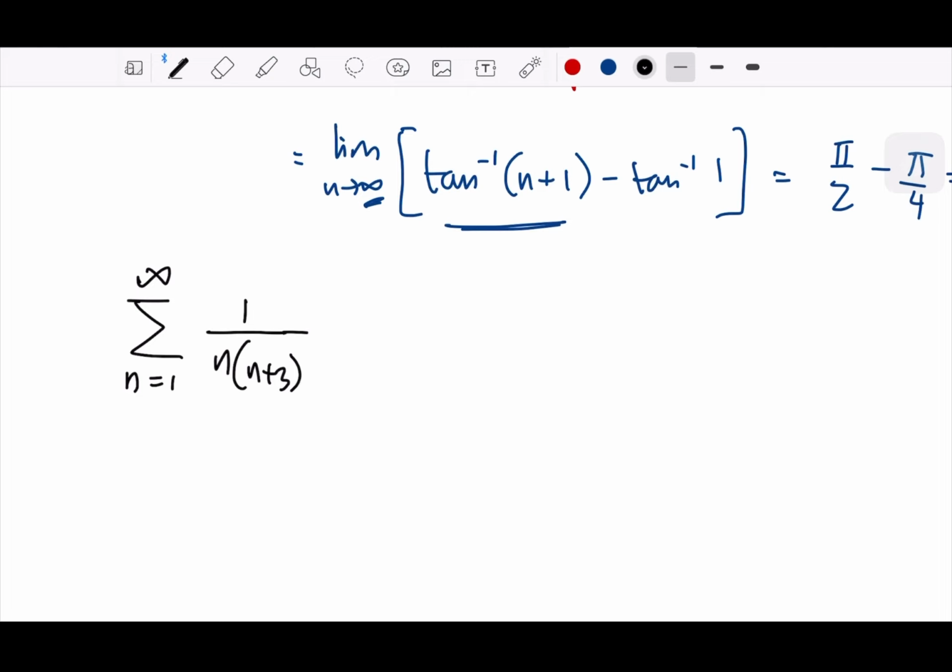First, if you want to find the sum of the series, maybe we can imagine if this denominator is separated. So let's do that. Let me write this.